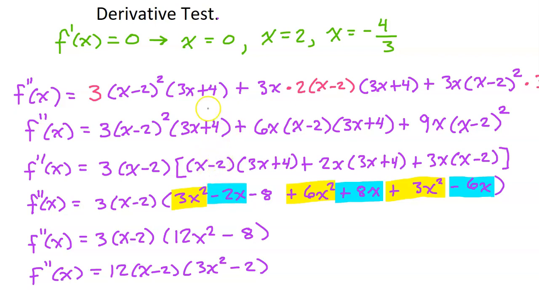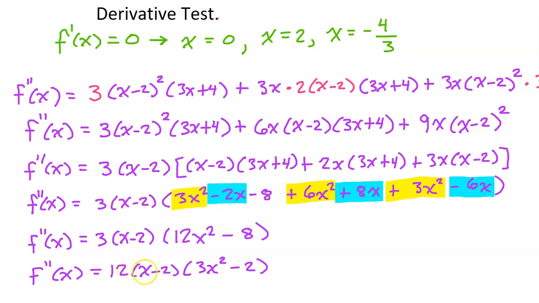So now it's time to use the second derivative test to decide whether there is a relative max, a relative min, or neither at each one of these critical numbers. So the idea is we will plug these numbers into the second derivative, and we're looking to see if it is negative or positive.